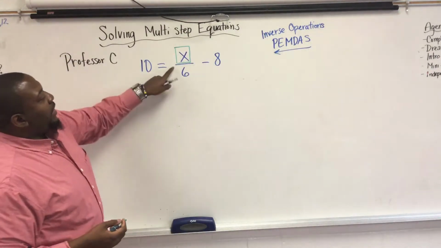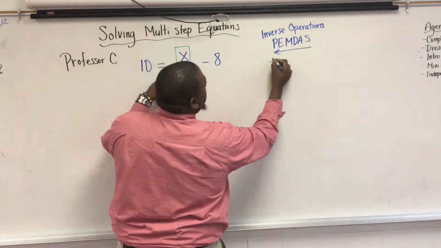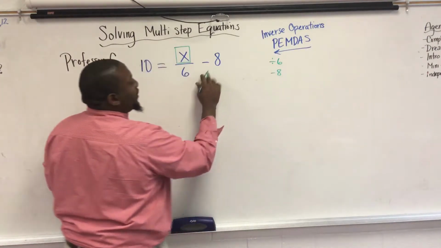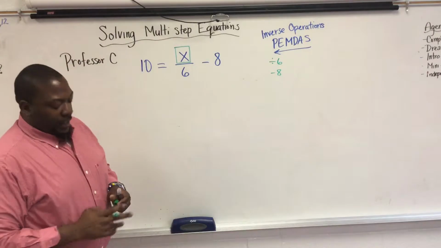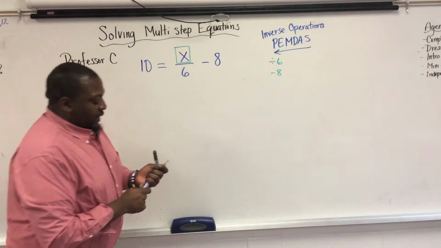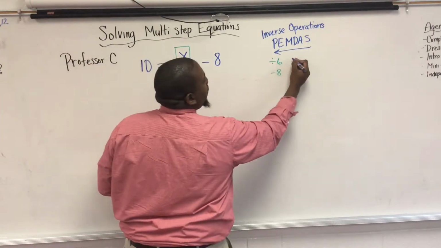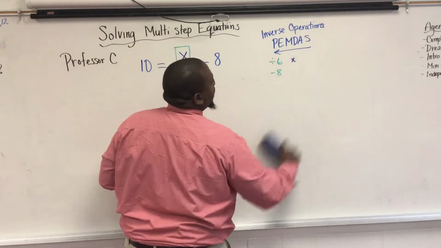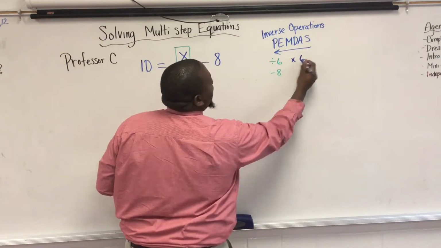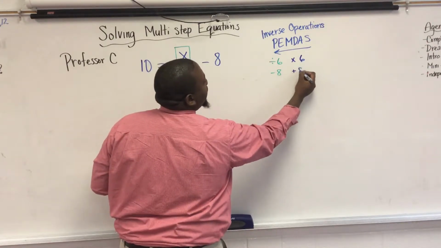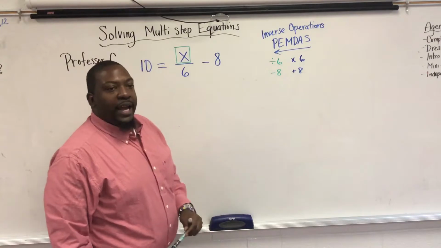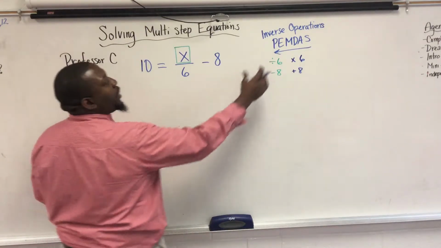I see that something is being divided with my variable and something is being subtracted from my variable. Okay? The inverse operation tells me that I want to do multiplication and then addition, because these are the inverse operations to what I have already. And I want to work in reverse order.